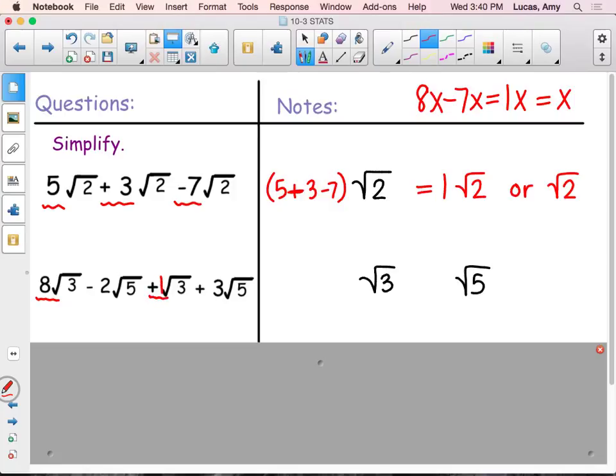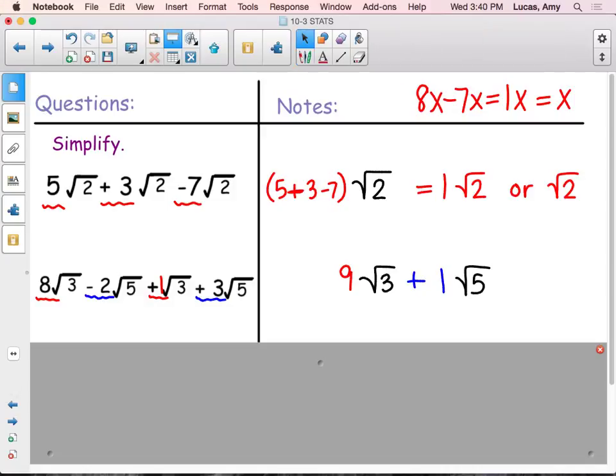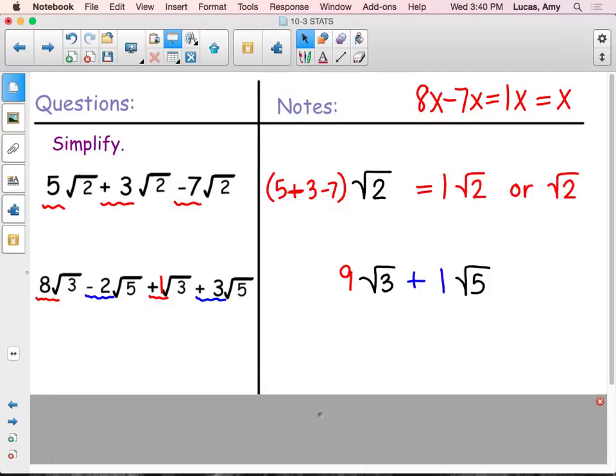So 8 plus 1 is 9. So 9 times the square root of 3. Then I've got my negative 2 and my positive 3 in front of the square root of 5. Negative 2 plus 3 is 1. So I can put a plus 1 in front of it. And remember, you don't have to write the 1. So it would be just fine if it said 9 times the square root of 3 plus the square root of 5.